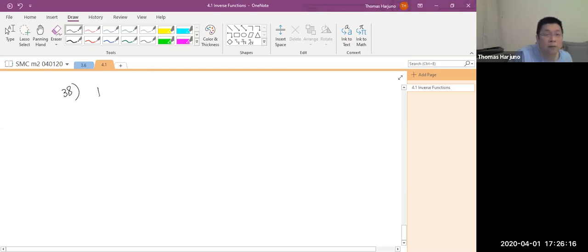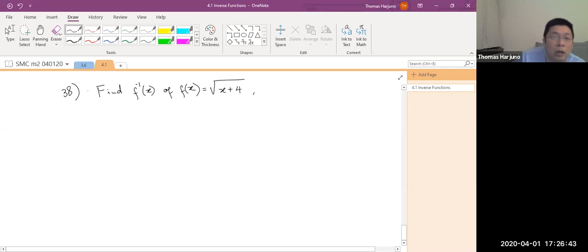Find the inverse function of f(x) equals square root of (x plus 4), and the x is restricted to the domain of this function.